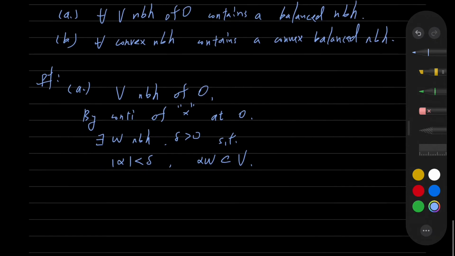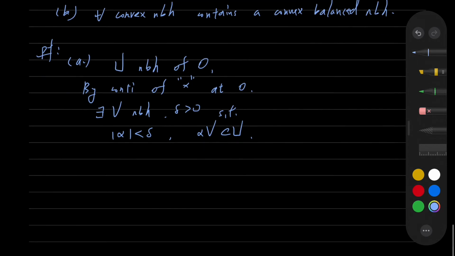So what we do is we just take, let's see what would be a better notation. Okay, let's make this U here and make this V. Okay, this should be consistent.